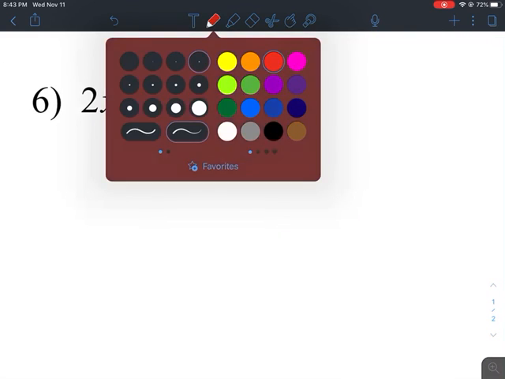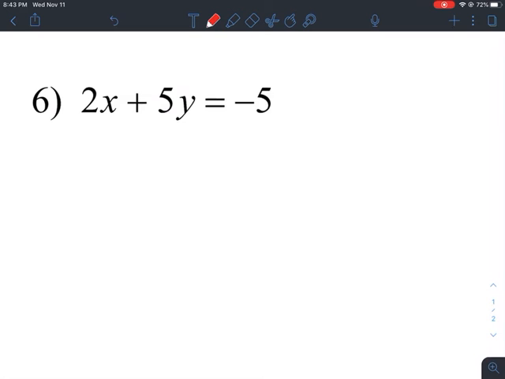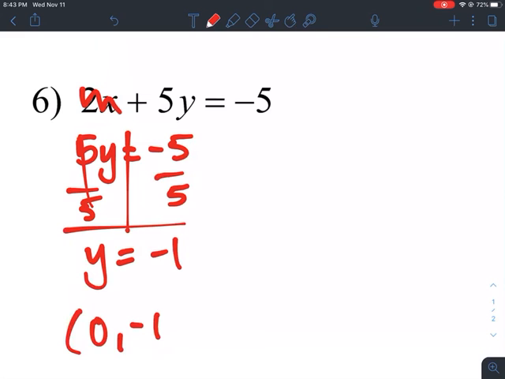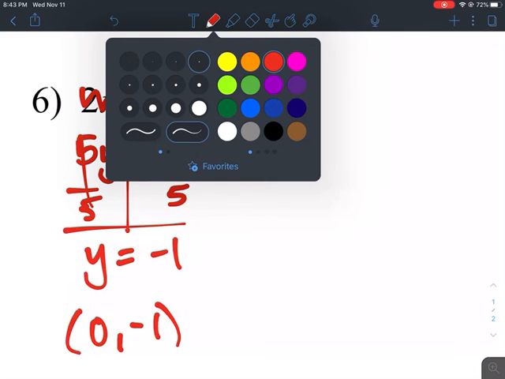Same thing. To get the y-intercept, I plug in 0 for x and I get 5y equals negative 5. So I just divide both sides by 5 and I get that y equals negative 1. So my y-intercept is the point 0, negative 1.